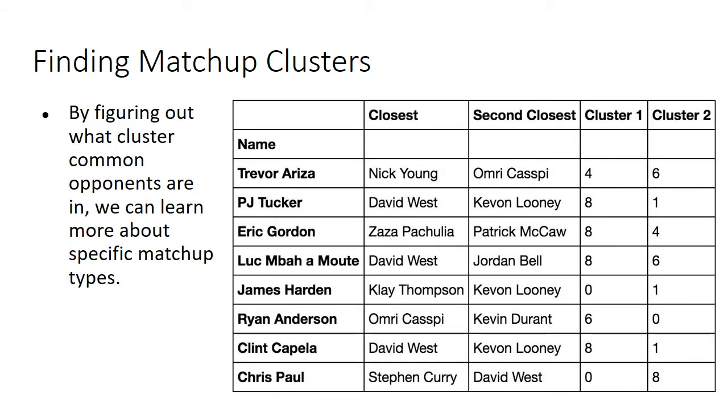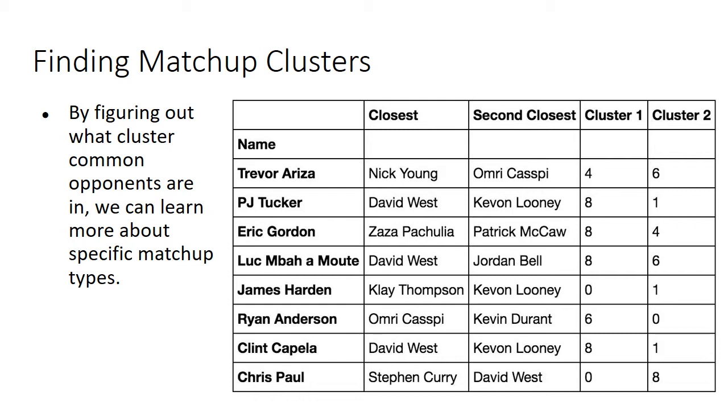The next step is to figure out who is the closest defender on most plays for all of these players on the Rockets offense. This is what we see, and these are the clusters that they fall into. The nice thing about having already clustered the database is that we can figure out how they play against specific cluster types as opposed to how they play against one specific player.